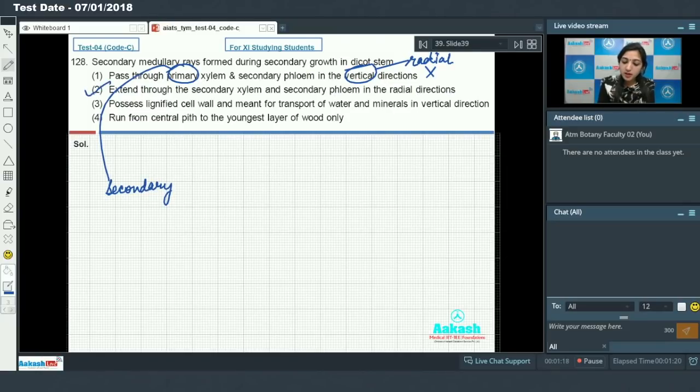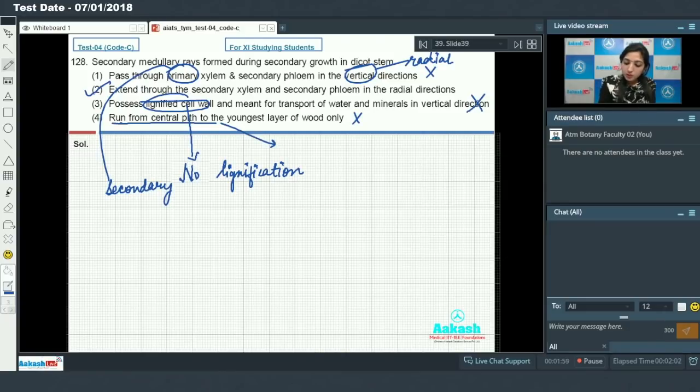This is correct. It possesses lignified cell wall and meant for transport of water and minerals in vertical direction. No, there is no lignification in secondary medullary rays. No lignification. Fourth is secondary medullary rays run from central pith to the youngest layer of wood only.